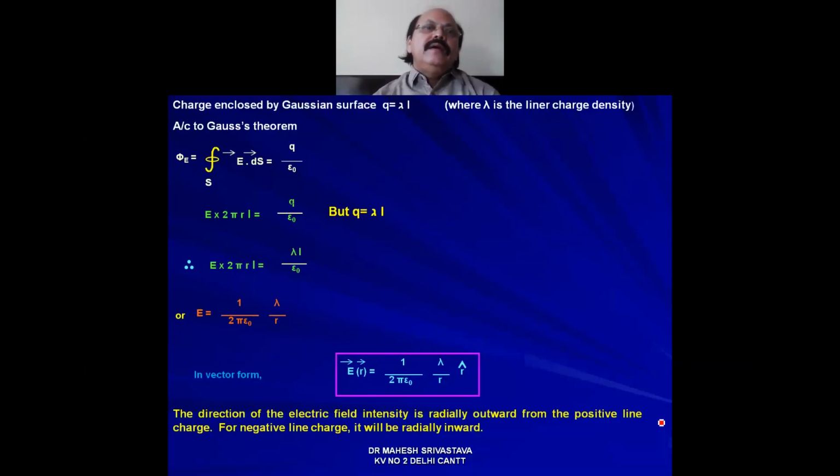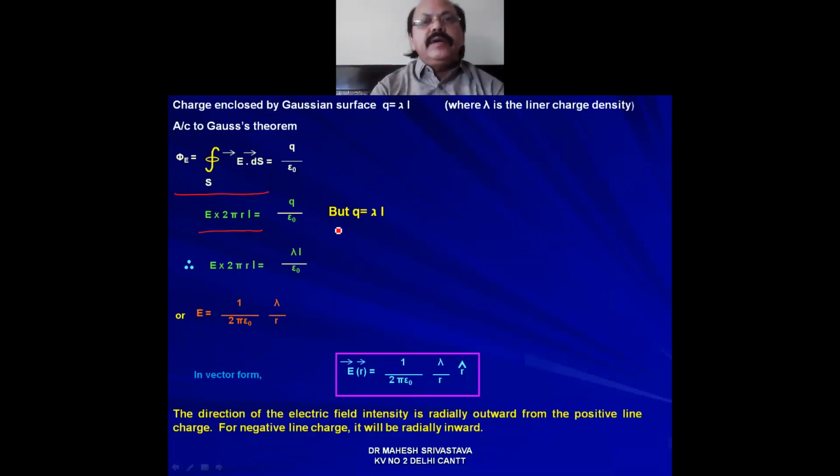When you have calculated the charge enclosed, the next step is to apply Gauss's theorem. Then according to Gauss's theorem, phi E equal to closed integral E dot ds equal to Q upon epsilon naught. Now the flux you have already calculated, that is E into 2 pi r L, equal to Q upon epsilon naught.